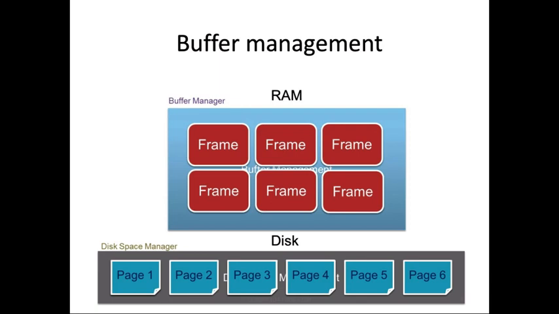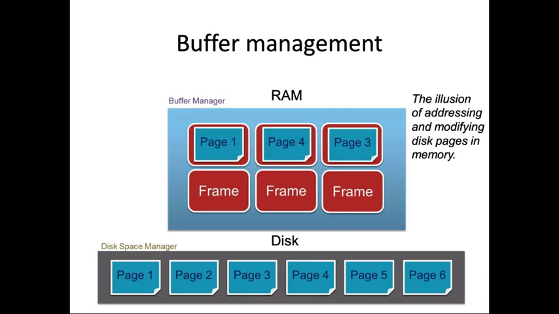And this is done by the buffer manager while maintaining somehow an illusion of addressing and modifying disk pages in memory. This illusion, of course, is maintained for the files and index manager, the module above.